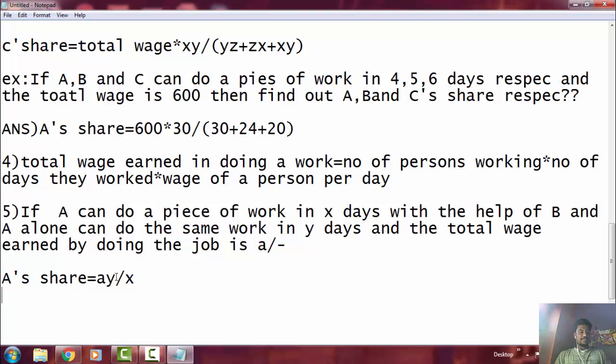Okay, this is the formula. Now to calculate B's share, it is equal to A into (x minus y) divided by x.